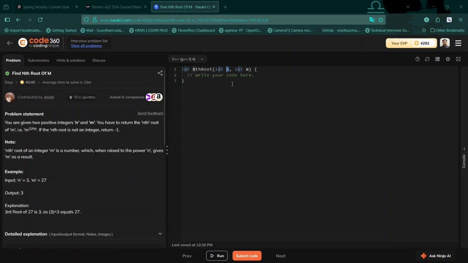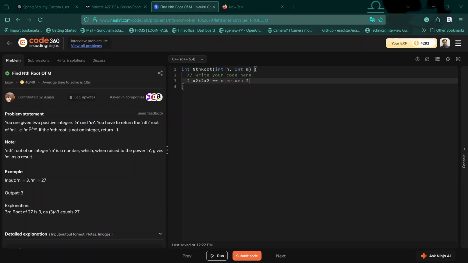In case of 2, we'll just repeat it, so 2 into 2 into 2. We are doing this for every number. If the number exceeds, or if the number is equal to m, then I will return the value of 2.